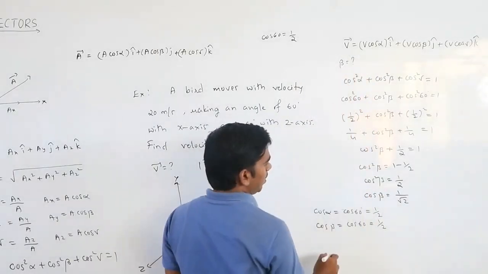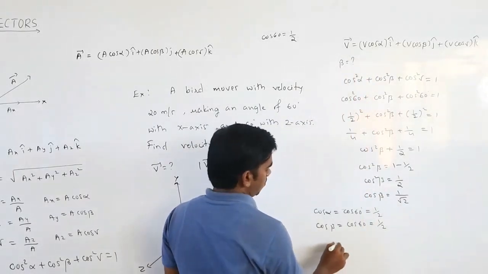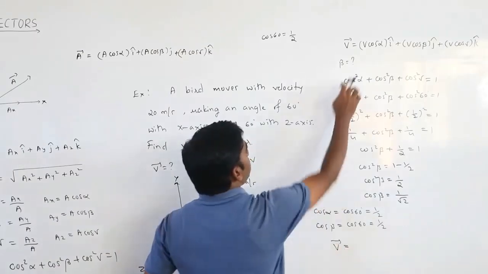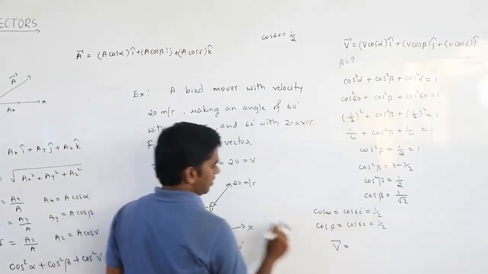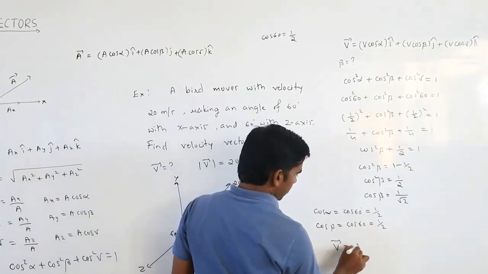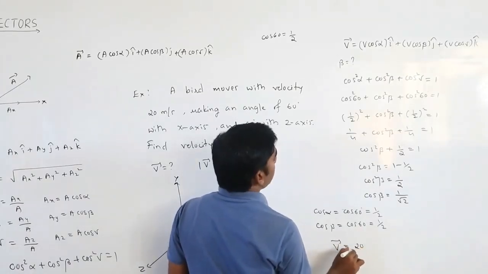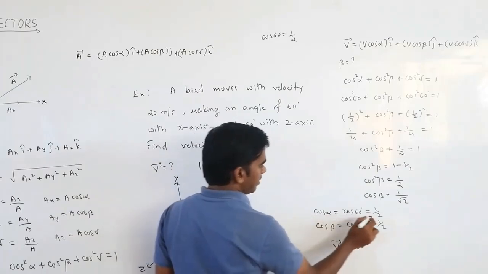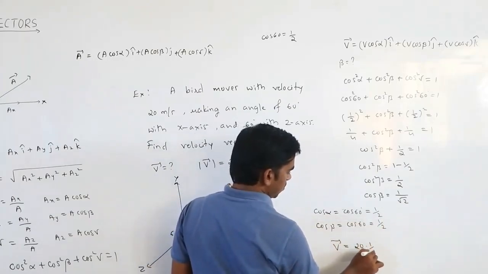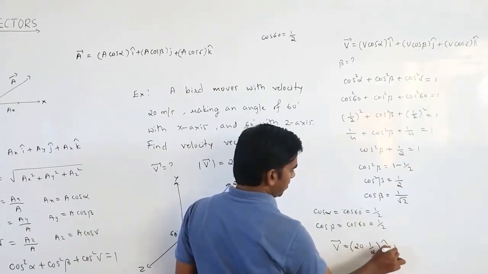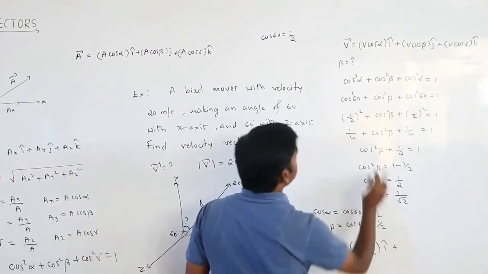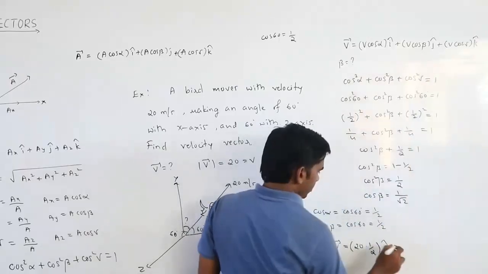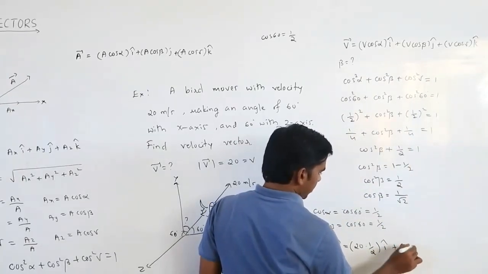Okay, so vector v equals v, what is v? V is 20. Okay, so 20 cos alpha. What is cos alpha? Cos alpha is 1 by 2. Okay, so 1 by 2, and plus again v cos beta. So v is 20 cos beta.